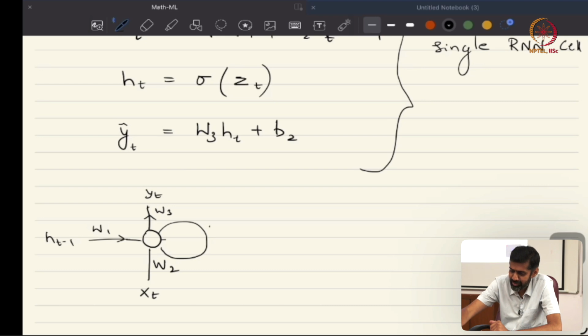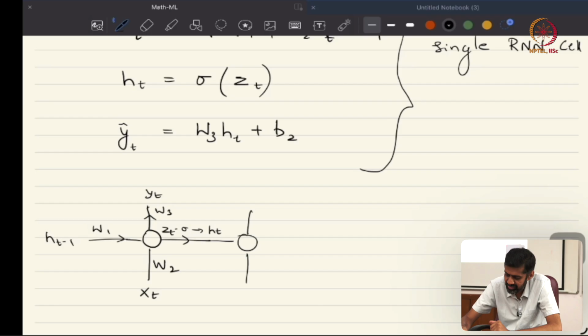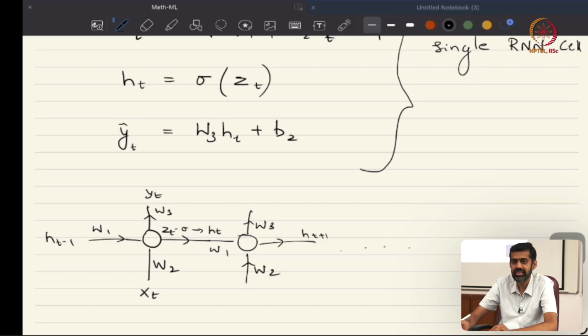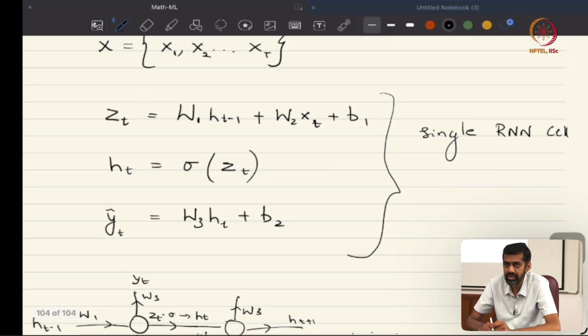These are complicated terms to just say that the next RNN cell will have the same W1, W2, W3, and it continues. So this is parameter sharing across time. Across time, the weight matrices or the parameters do not change, no matter how long the sequence is. Make sense? That's the kind of regularization that we are imposing here.